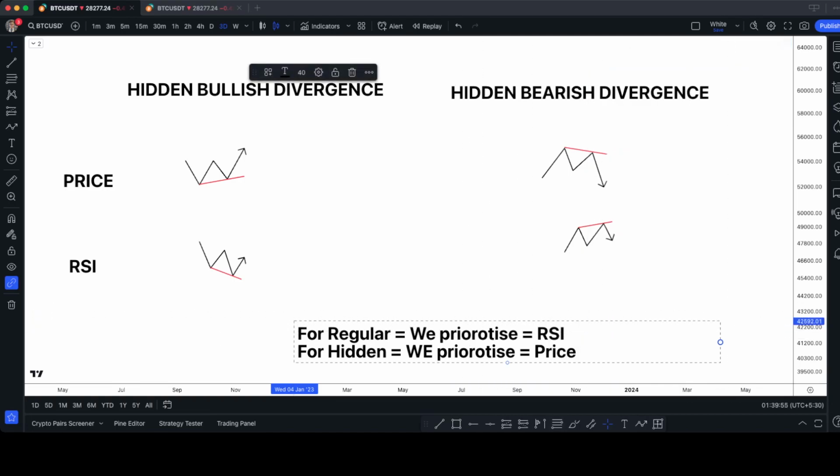I'm sorry for the spelling, but this is the thing that you need to understand all about RSI. Do you understand how the hidden bullish divergence and bearish divergence work?